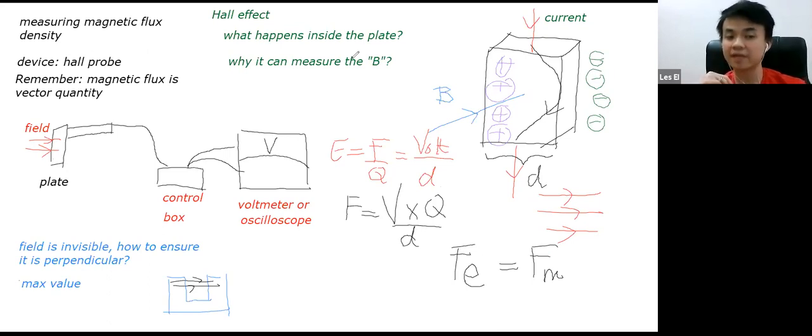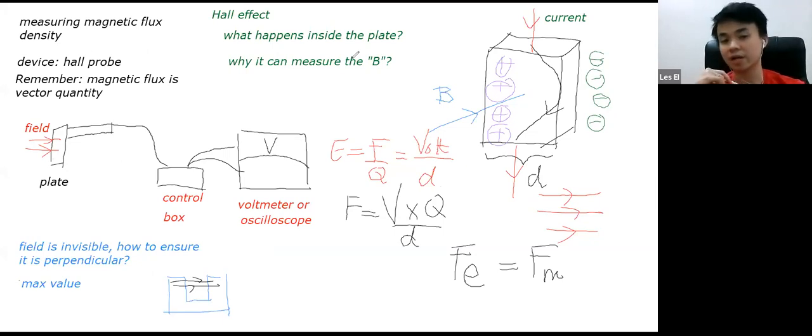Just now you used the Fleming left-hand rule, right? And from it you understand that the electrons are being gathered at the right-hand side. So if you fail to force the electrons to go to the right-hand side, it means your magnetic force has been balanced, cancelled by the electric force. That's why you cannot do it anymore.